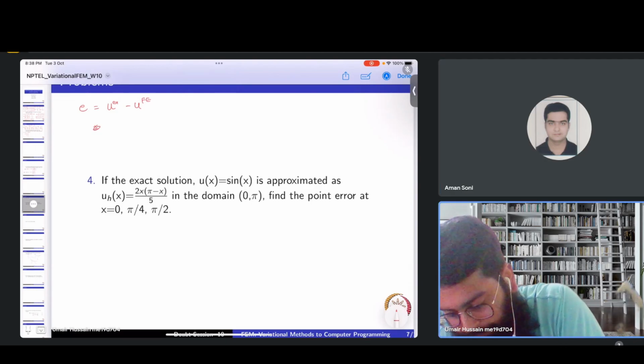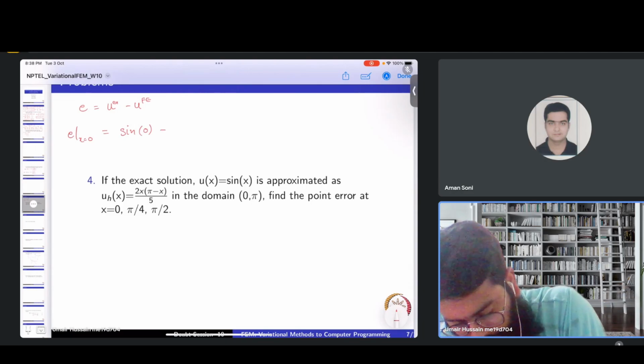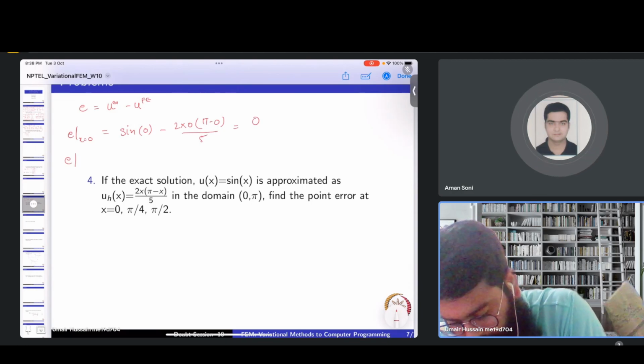Simply finding point error, we can just substitute the value of x. This is also 0 basically. There's no error here.